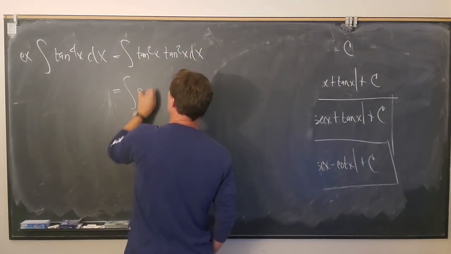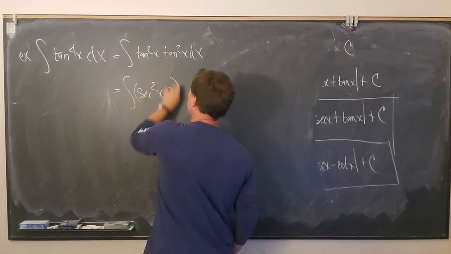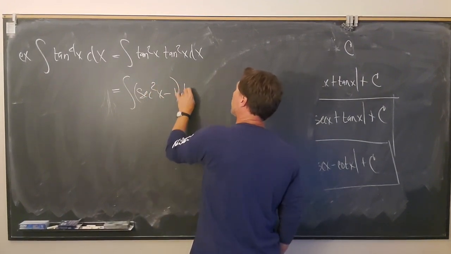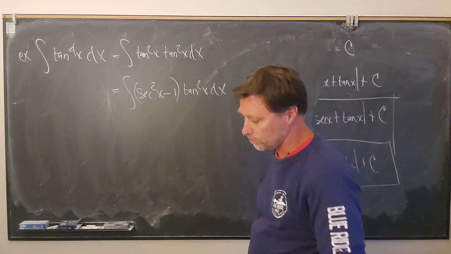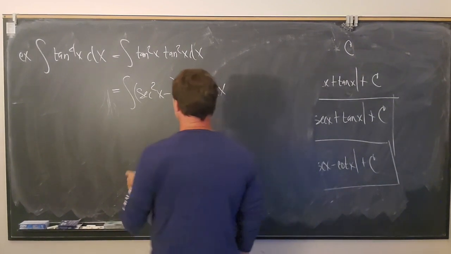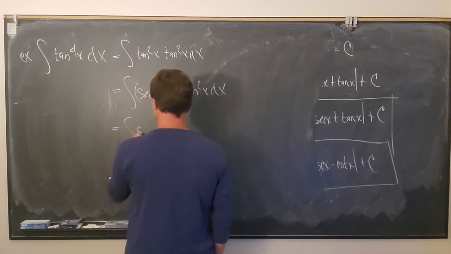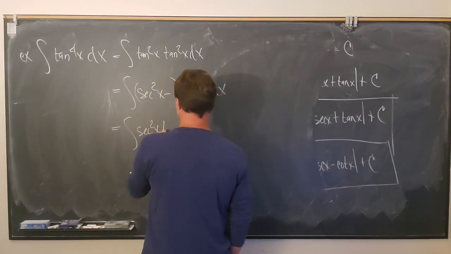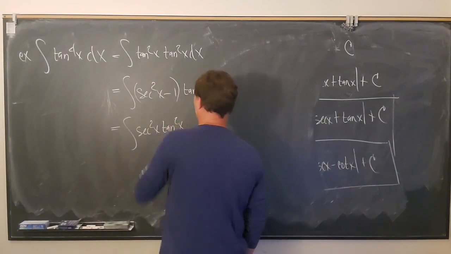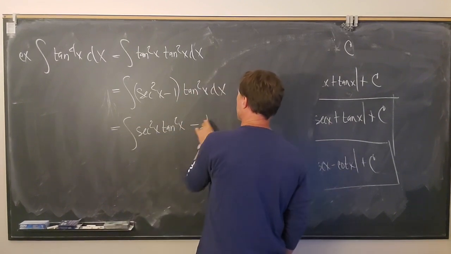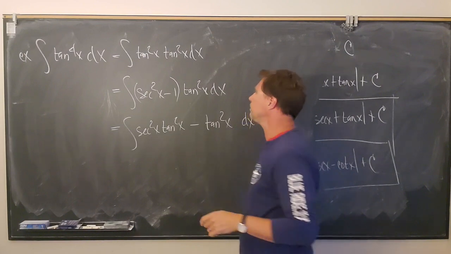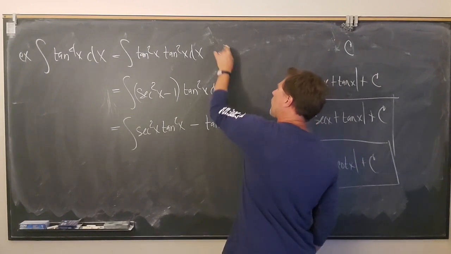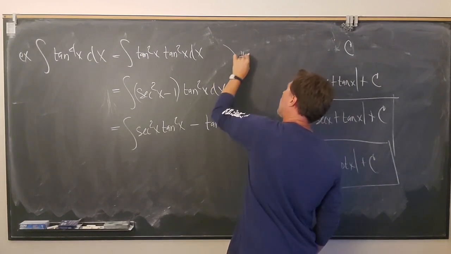This is secant squared x minus 1 times tangent squared x dx. And now, if I multiply this out, what we'll get is secant squared x tangent squared x minus tangent squared x. And let me just note right here is where I applied identity number 4.